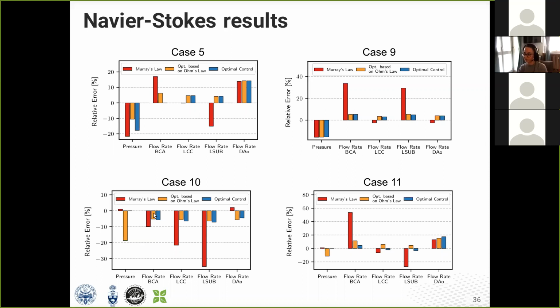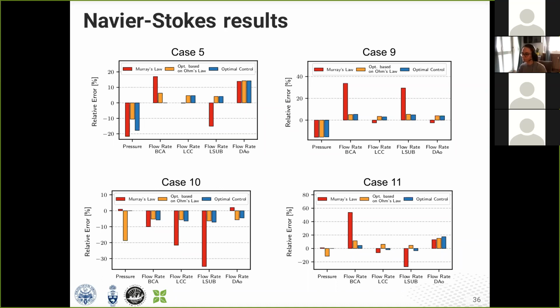Murray, the red one, is the worst everywhere, and the optimal control is either comparable to Ohm's law or better. So that's good. And that means that our choice to do an optimal control framework based on the steady Stokes equation, which was lower cost with respect to Navier-Stokes, is a choice that pays well, because even when you move to more complicated simulations, the choice that you made with boundary conditions is still good.